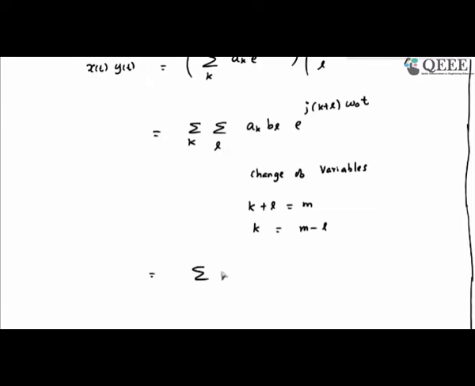So sum over l, sum over m, a of k, which since k is m minus l I write as a of m minus l, b of l, e power j (k plus l) omega naught t, which is m omega naught t.